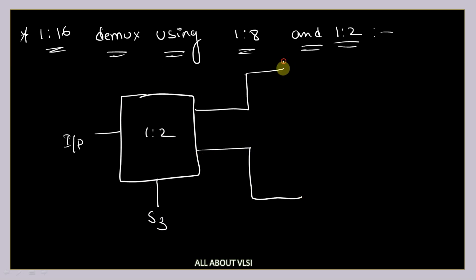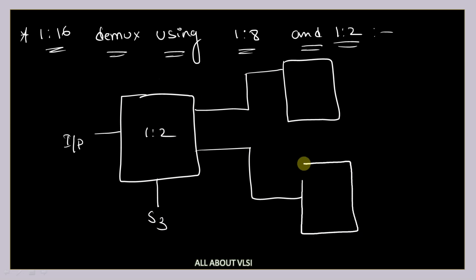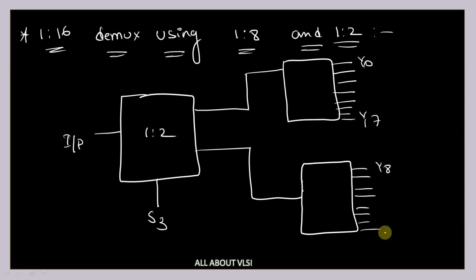So here you are going to have a 1:8 demultiplexer, and here another 1:8 demultiplexer. You are going to have 1 2 3 4 5 6 7 8, 1 2 3 4 5 6 7 8, that is Y0 to Y7 and Y8 to Y15 will be given. And here you are going to have 3 select lines, S2, S1, and S0.